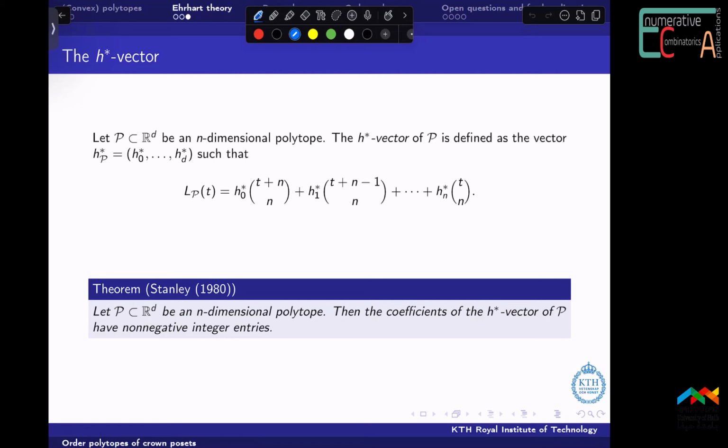Previously, for the Ehrhart polynomial, we cannot say that the coefficients are non-negative for all polytopes. Okay, this is what I wanted to say about Ehrhart theory.